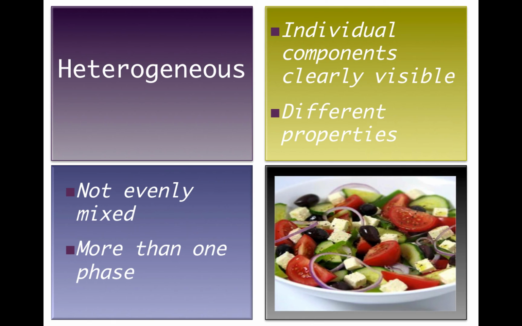The individual components are clearly visible in a heterogeneous mixture, and there are different properties within the sample of the mixture. In other words, one biteful might have a lot more tomatoes than my next biteful, which may be a lot of cucumbers.